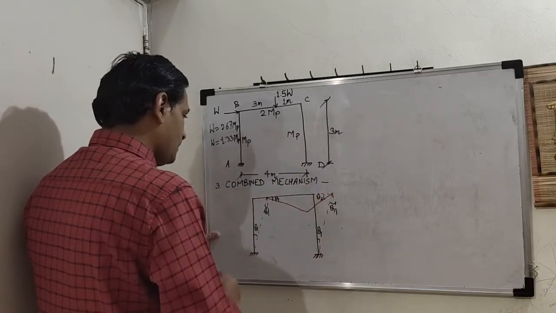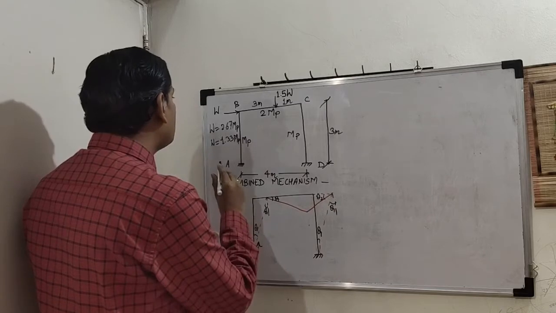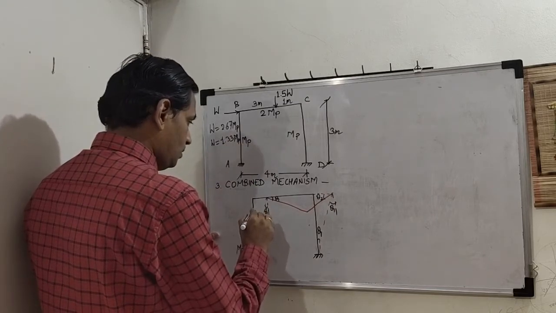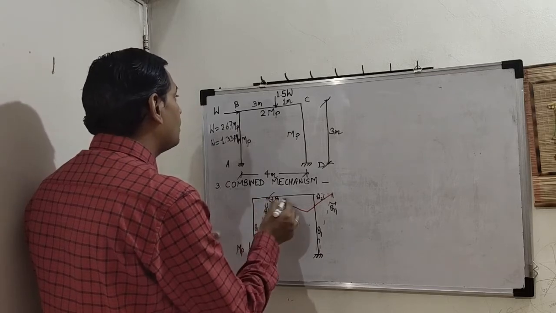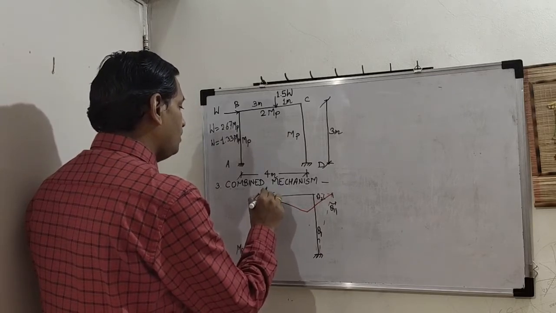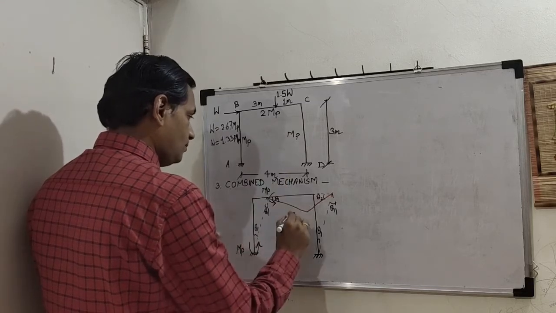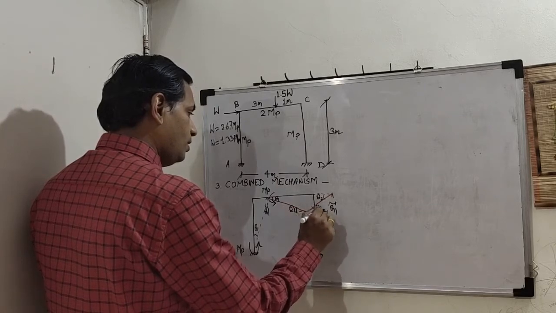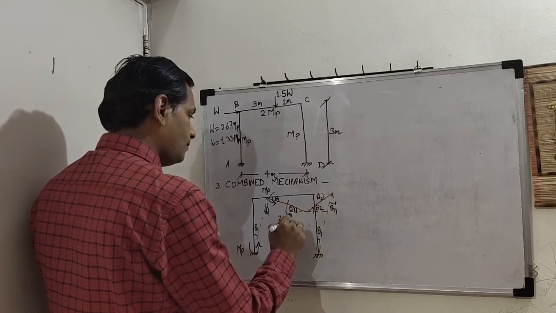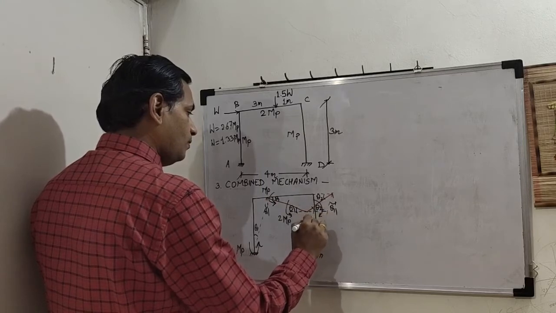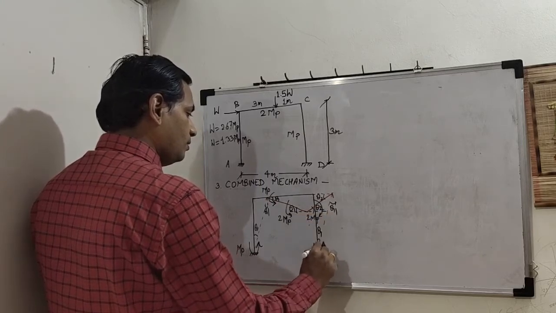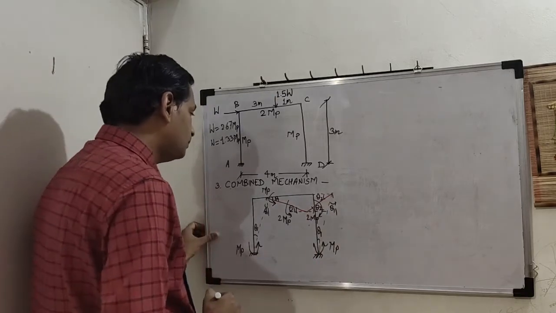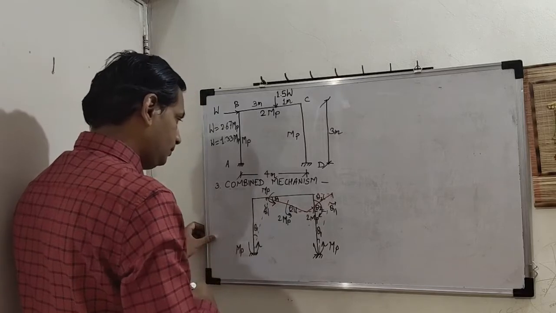Okay, so here is 1 MP, then this one 1 MP, theta 1, theta 2, here is 2 MP, 2 MP and 1 MP. Let us see whether we are considering this one.